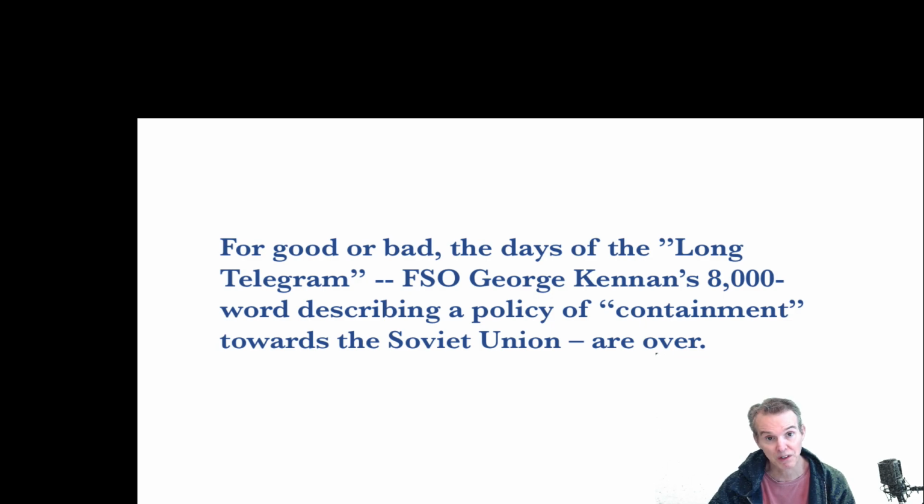Of course, that was the containment memo. It was the containment cable that he sent back to the department that ushered in what in effect was the Cold War for the next, you name it, 50 years? A little bit less. 1990 to 46, yeah, about 54 years.